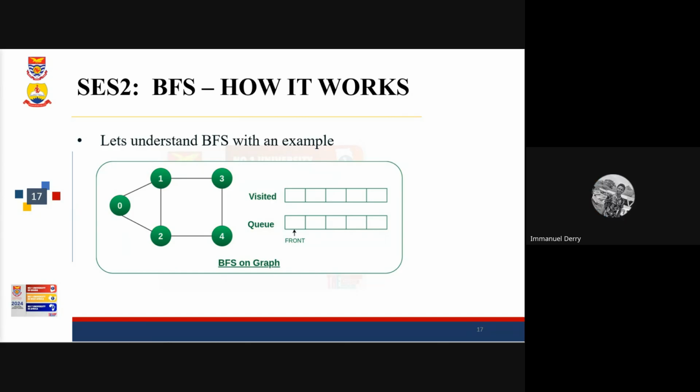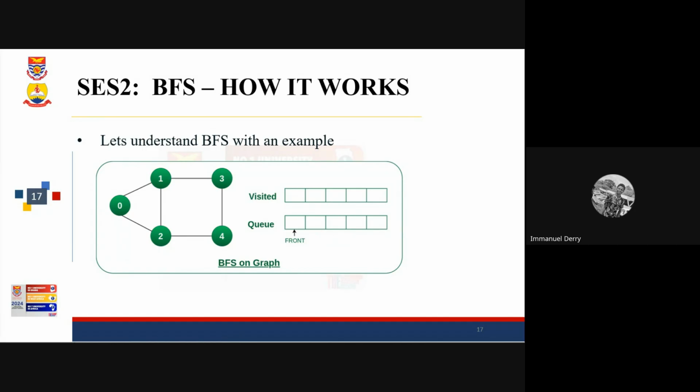So let's understand it from this particular graph here. So this is a graph that is being given to us. It has the various nodes 0, 1, 2, 3, 4, right? And then these are the various edges. So when, for instance, the graph is given to you and you are asked to traverse using BFS, you will obviously be given a starting point or a starting node, and that is going to help you to move on.